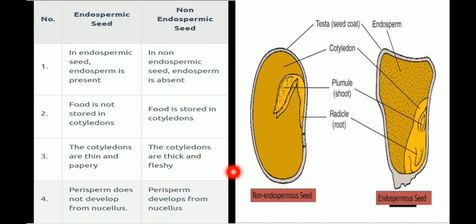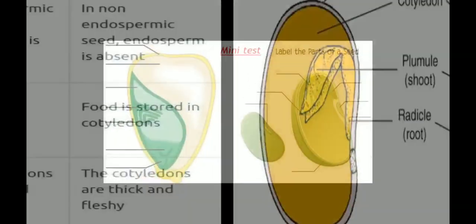In endospermic seeds, perisperm does not develop from the nucellus. Nucellus, do you remember? Yes, the multi-layered structure of the ovule. And in non-endospermic seeds, the perisperm develops from the nucellus. So these are the differences between endospermic and non-endospermic seeds.